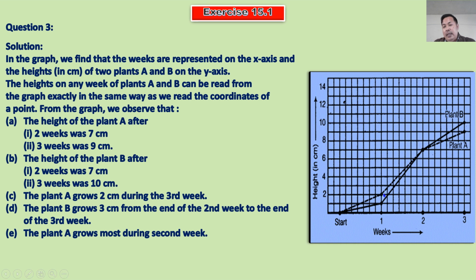We can find this sudden growth after the first week up to the second week. You can see the first week it was 2 and in the second week it reached up to 7. That means 5 centimeters of growth is seen in the second week. This is the period where plant A has tremendous growth, meaning very fast growth.